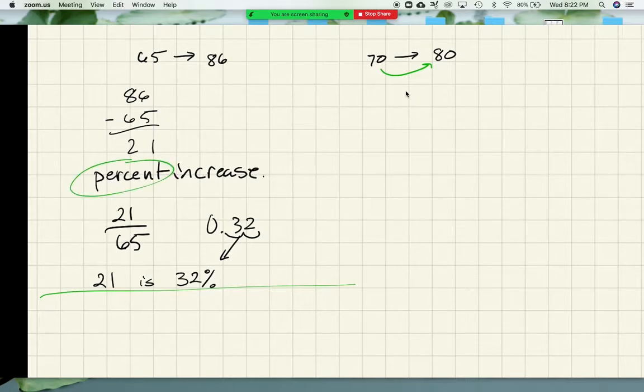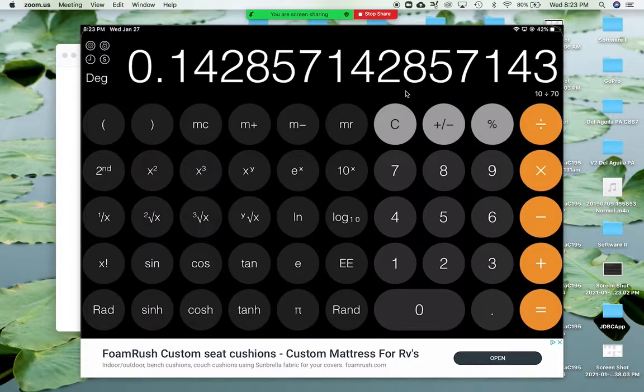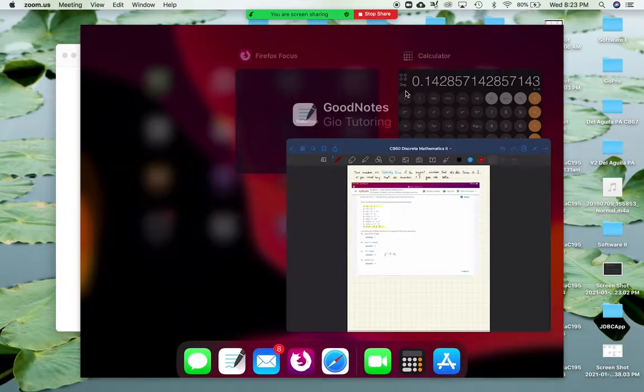But we want the percent increase, so this would be plus 10. So what is 10% of 70? So I would do 10 divided by 70. So 0.14, I'm just going to say that.